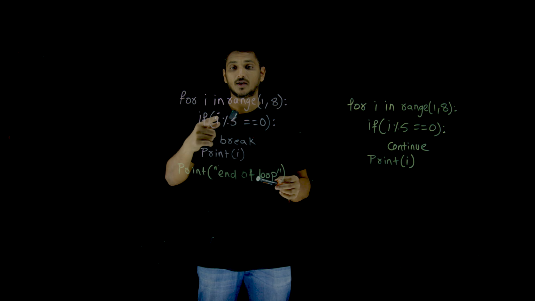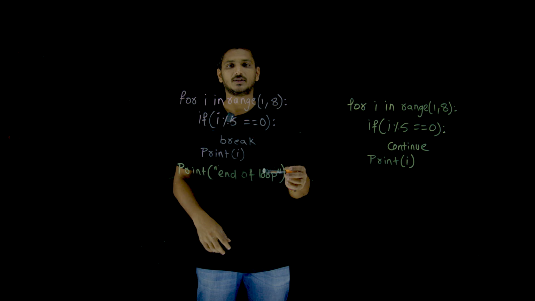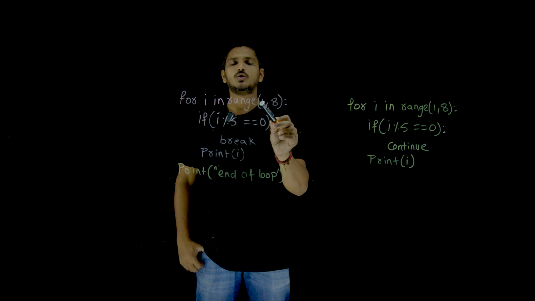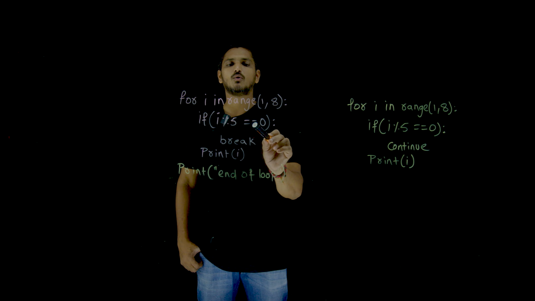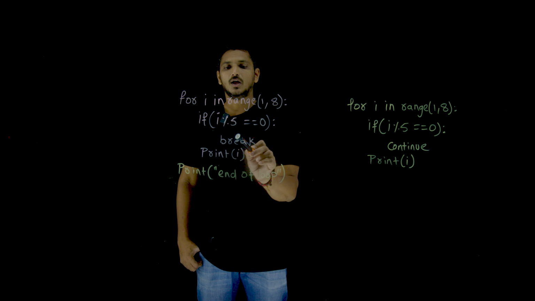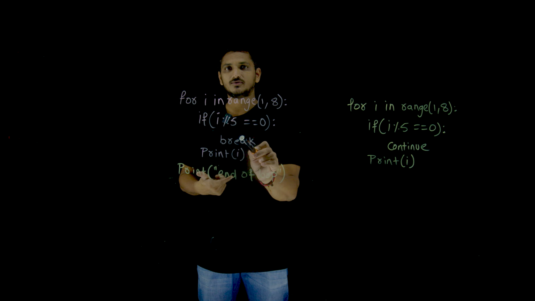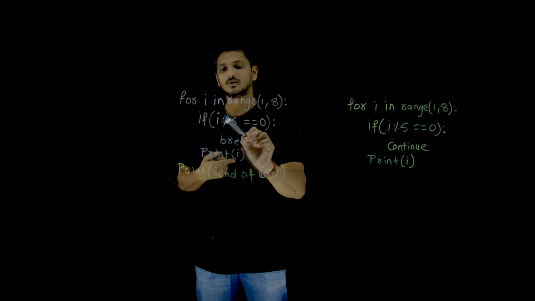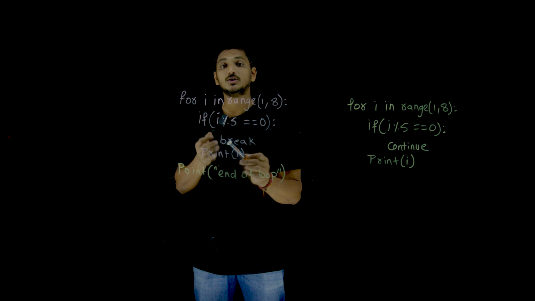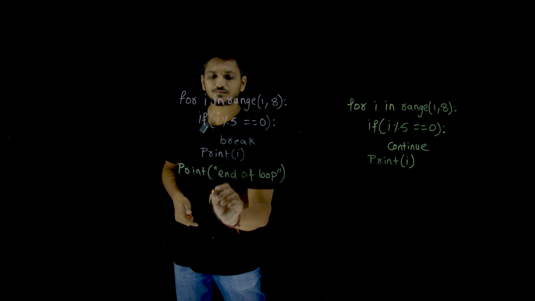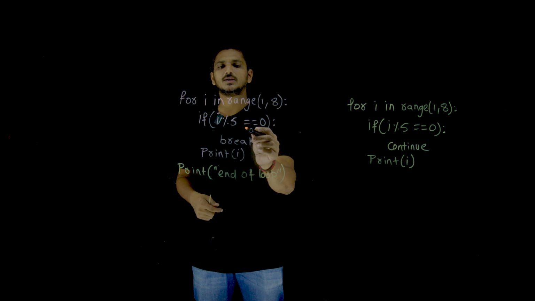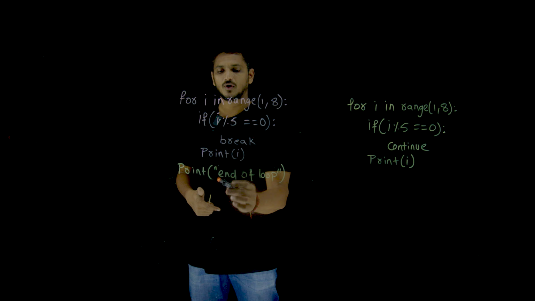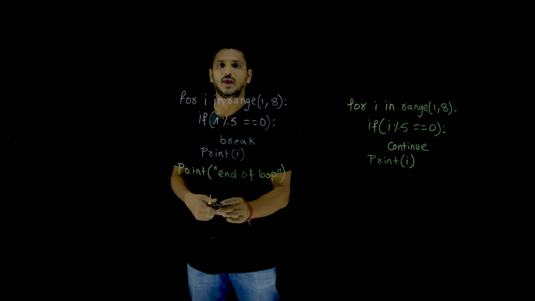Let's try to understand this example. We'll analyze it. For i equal to 1, go inside, execute the body of the loop. 1 modulus 5 equal to 0? No, false. Don't go inside the if statement because the condition is false. Execute print(i). 1 is going to be displayed. Next, i is equal to 2. 2 modulus 5 is not equal to 0, so 2 is going to be displayed.